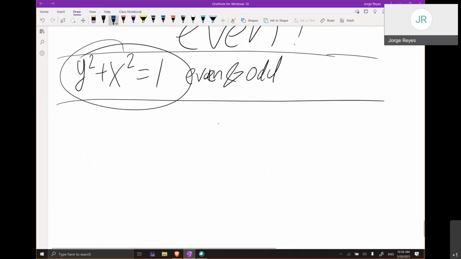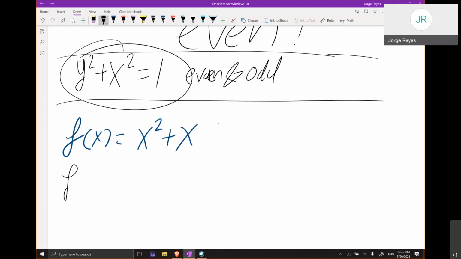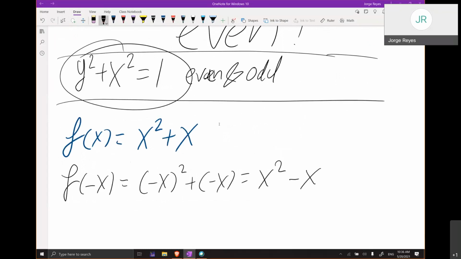So here's an example. X squared plus x. So f of negative x, you would plug in the negative x. And this one disappears, but this one stays. So we're not the same, so you know you're not even.